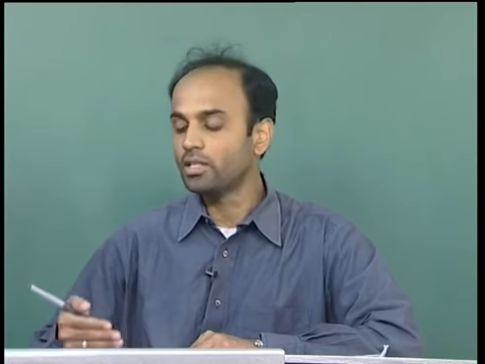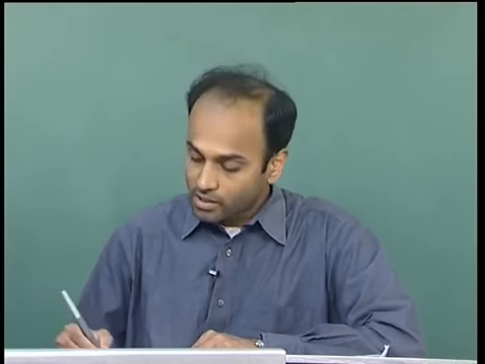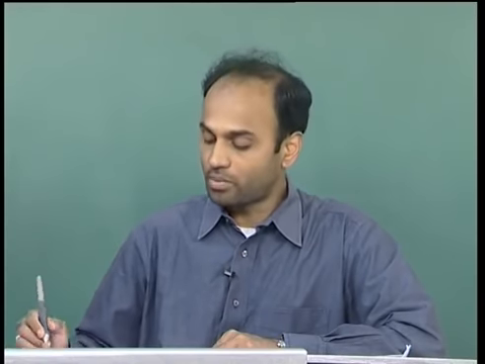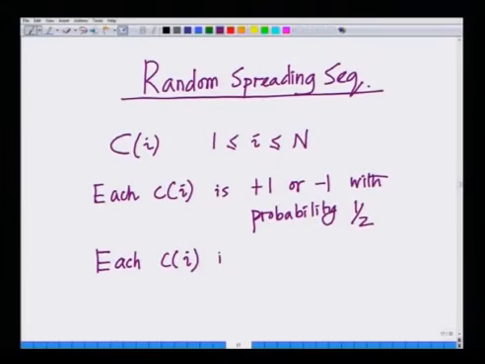It is like tossing a coin. If the coin lands on heads, it is minus 1. If the coin lands on a tail, it is plus 1. So, each chip is plus 1 or minus 1 with probability half, and more importantly, each Ci is independent of another chip Cj.